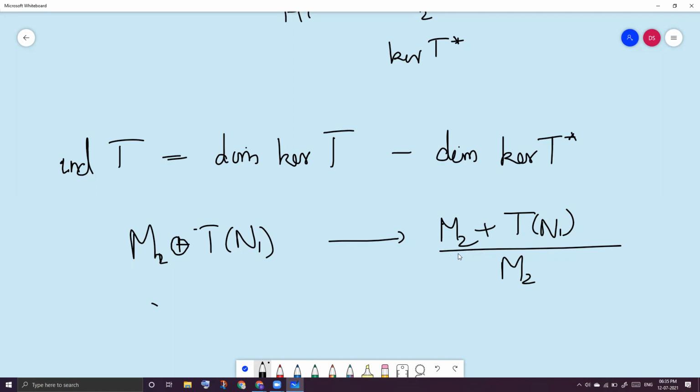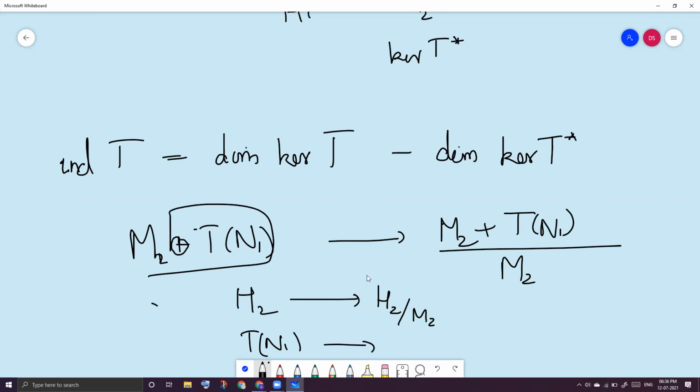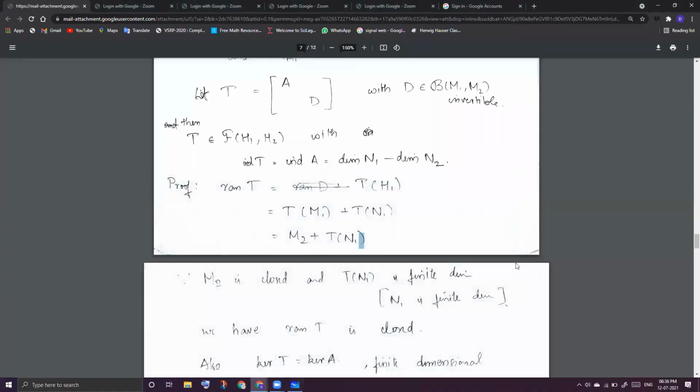So what I'm saying is if we quotient the whole of H2 with respect to M2, the image of N1, T of N1, is finite dimensional, so it is closed. If we take the inverse image of that, that is going to be this space. So it will be closed since the quotient map itself is continuous.